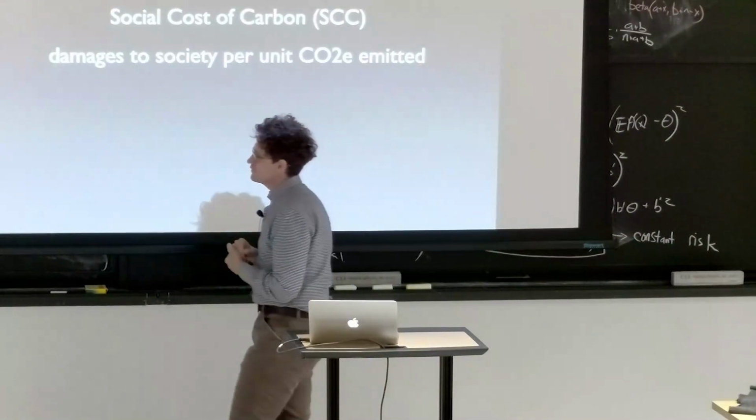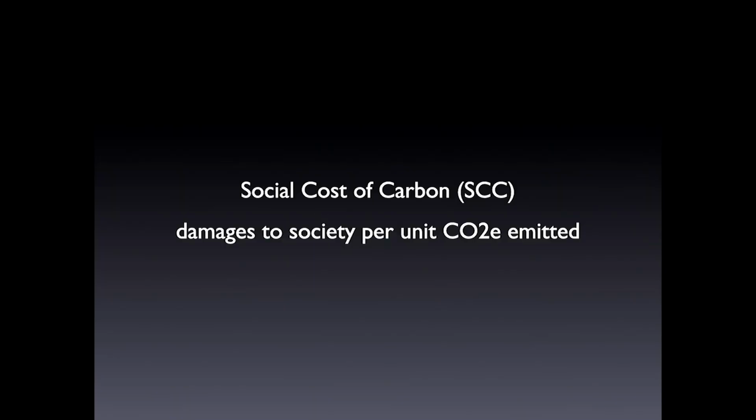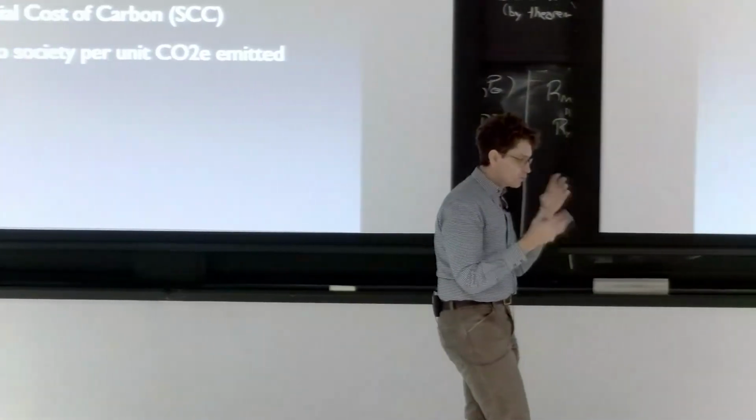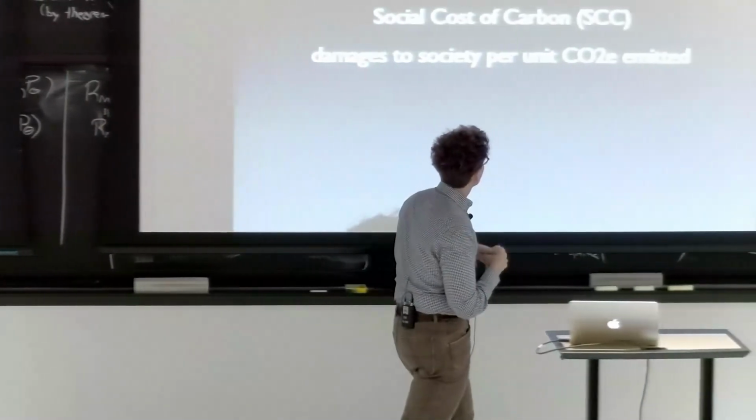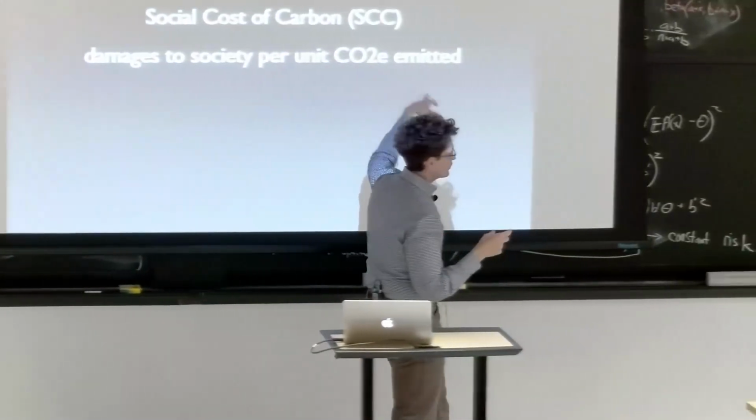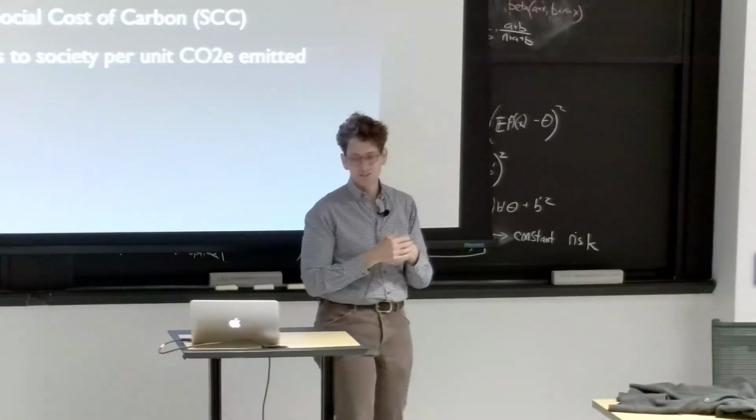So what is the measure of climate change? It's this factor called the social cost of carbon. This is what the Pindyck paper is about. It's an attempt to quantify numerically, in terms of dollars, the damages to society per unit of CO2 equivalent emitted.